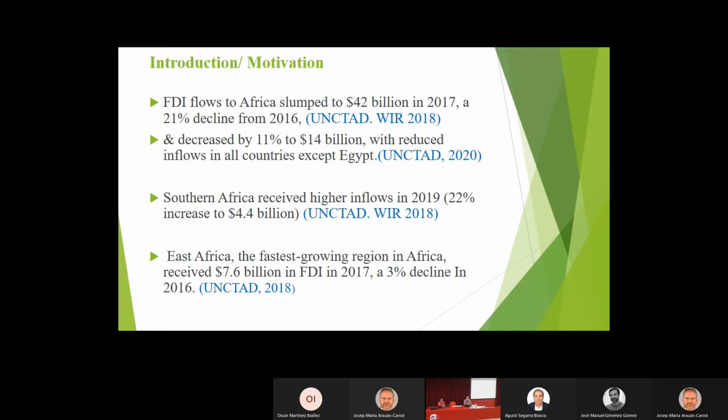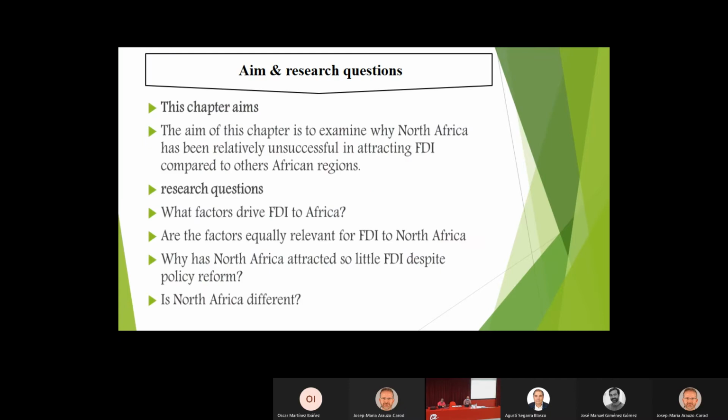And Southern Africa received higher in 2019. East Africa, also the fastest growing region in Africa, received 7.6 billion in FDI in 2017. So when we compare North Africa and other regions, there are little changes. So we are interested in comparing this region with other regions.